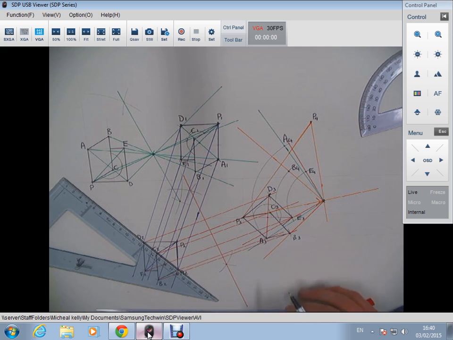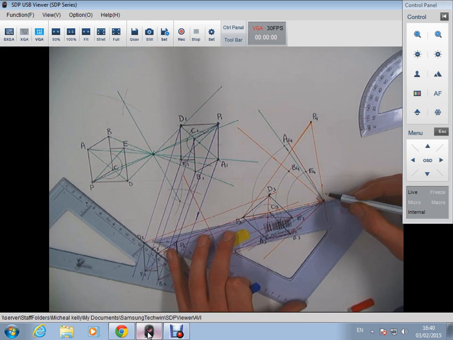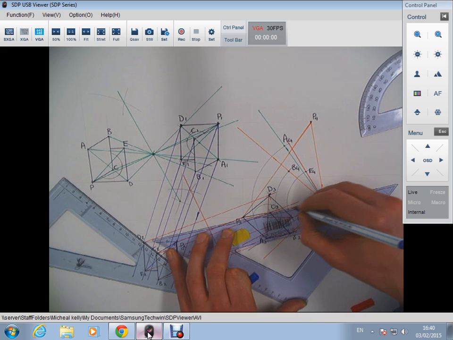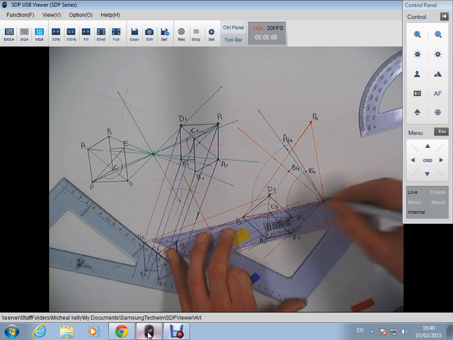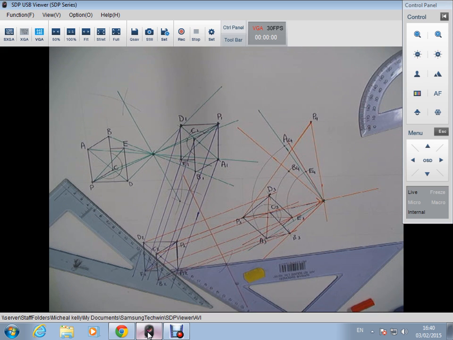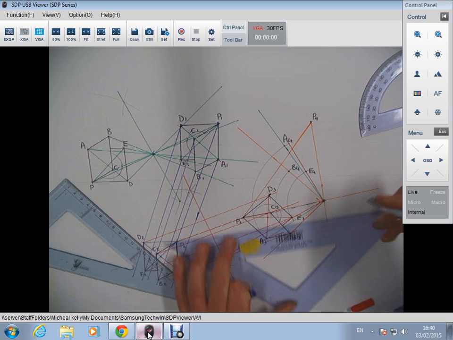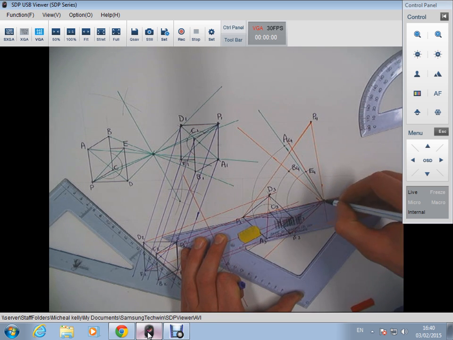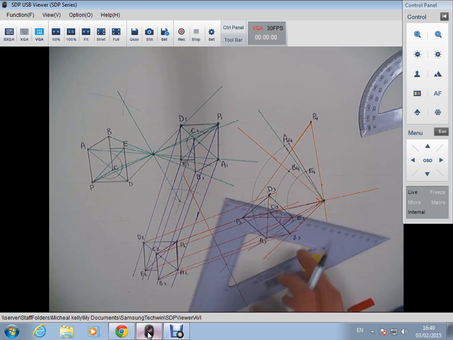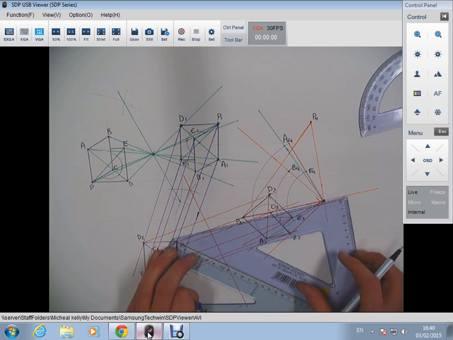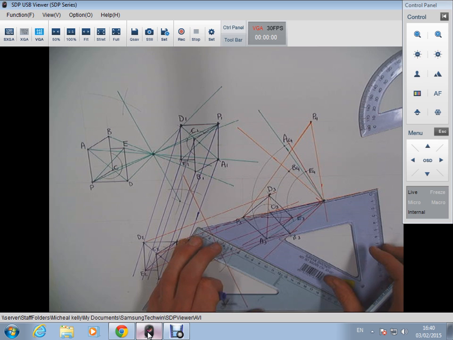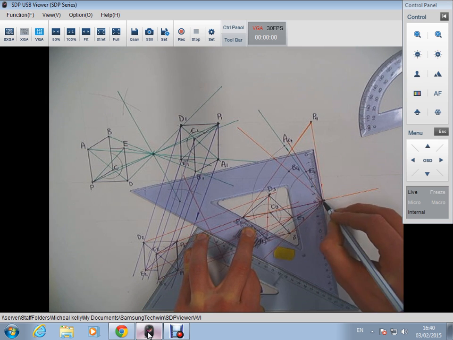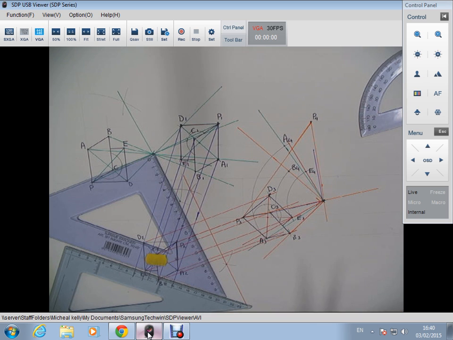Blue pen this time, I'm joining point C to the point of rotation. An angle of 90 degrees in relation to that line, and rotate point C onto that line.